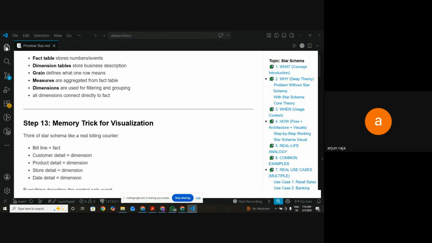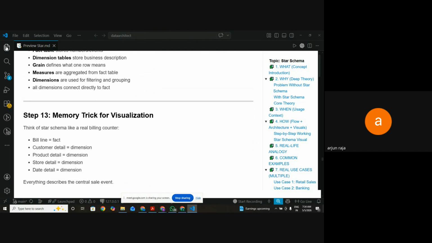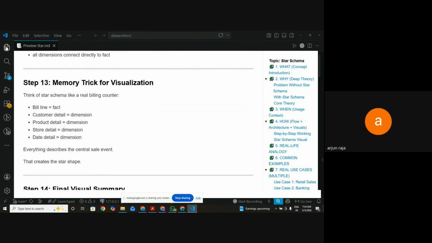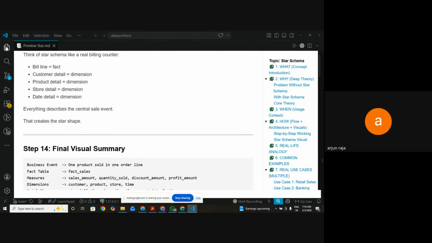All dimensions connect directly to the fact table. Memory trick for visualization: think of star schema like a real billing counter. Bill line is equal to fact; customer details, product details, store details, date details are all like dimensions. Every description describes the central sale event, which creates the star shape.